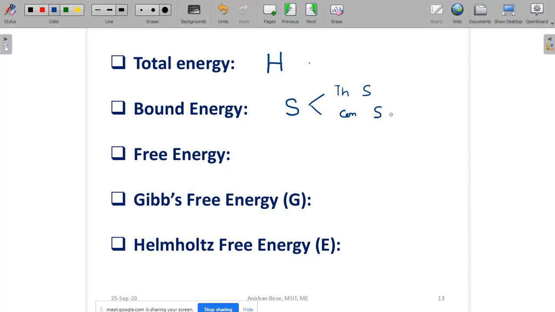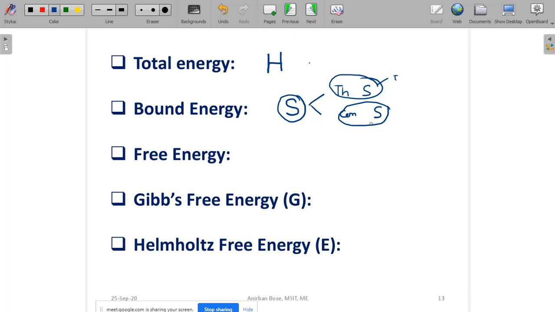Configuration entropy definitely stays only for crystalline solids, but the summation of these two, thermal entropy plus configuration entropy, is the total entropy. Remember, thermal entropy depends on temperature, but configuration entropy does not depend on temperature. It only depends on the orientation or configuration, or the number of atoms or different kinds of species present within the material.